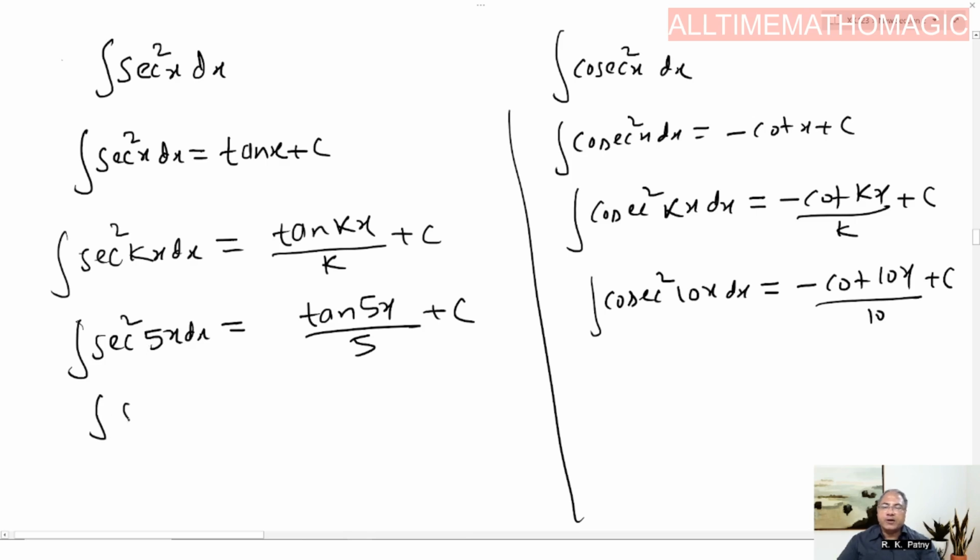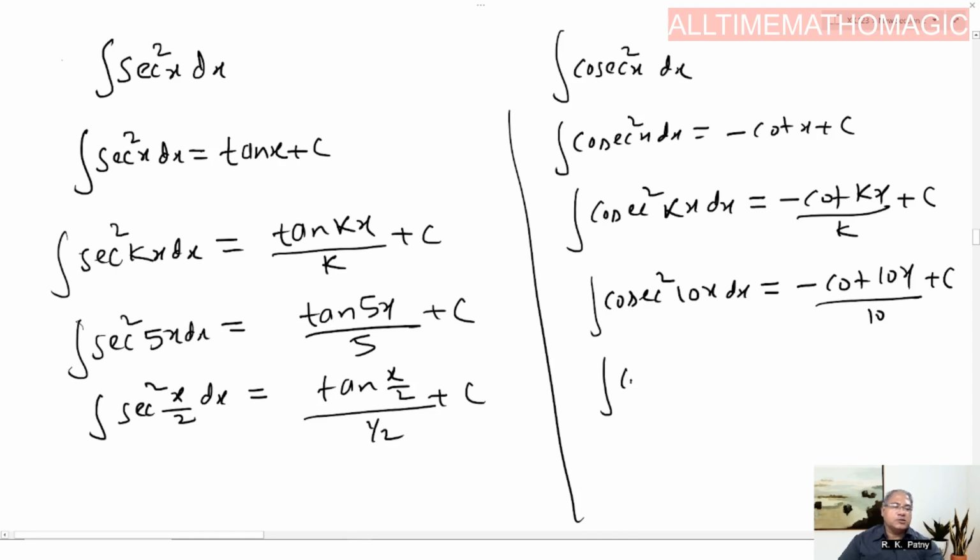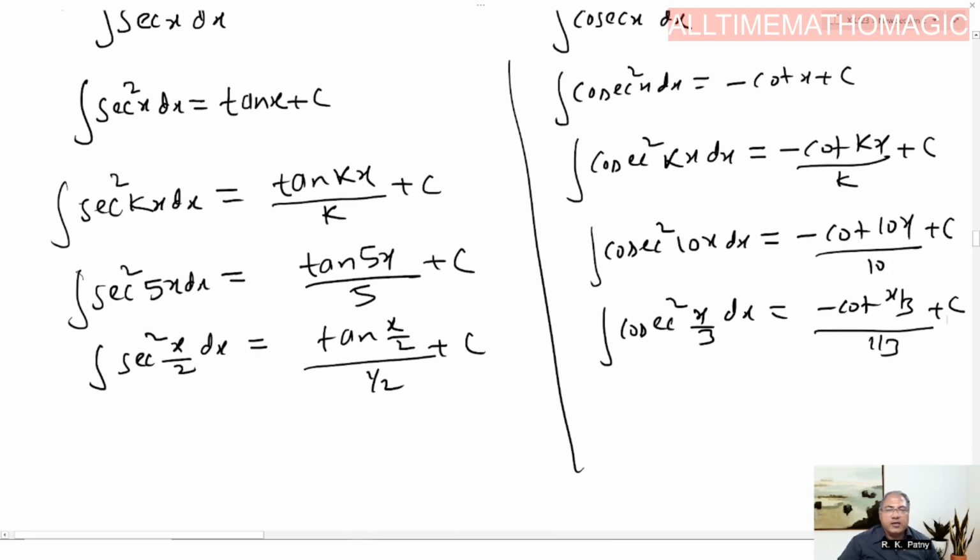One more example, integration of sec square x by 2 with respect to x equals tan of x by 2 divided by 1 by 2 plus c, or integration of cosec square x by 3 with respect to x equals minus cot x by 3 divided by 1 by 3 plus c. This way we can do it very easily.